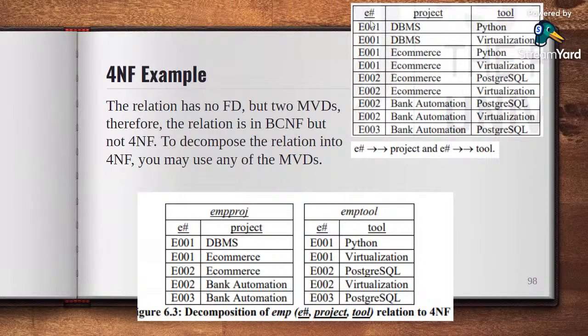Suppose this is our attribute set: employee number, project and tool. In these two tables we have subsets of this attribute set. Employee number plus project is a subset of these three attributes.